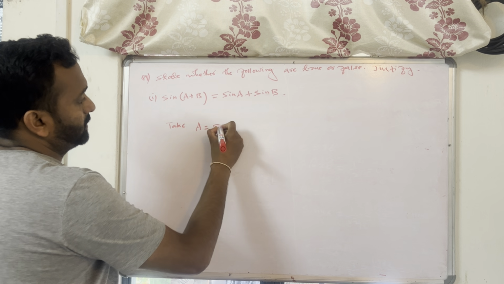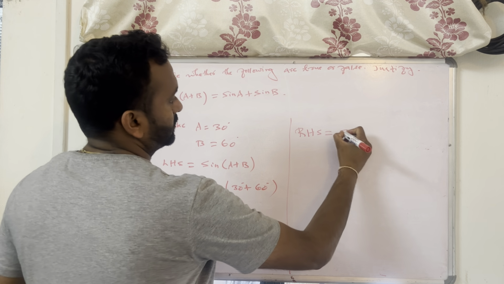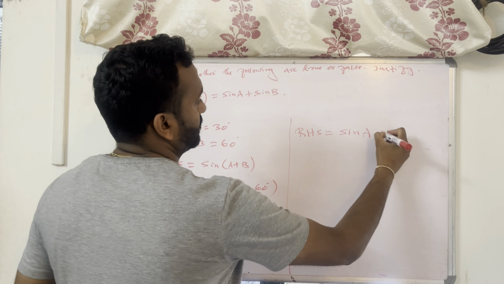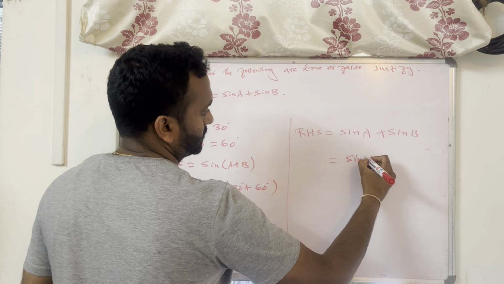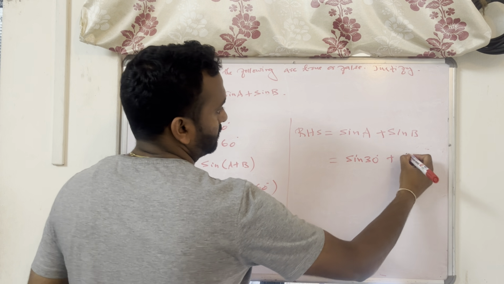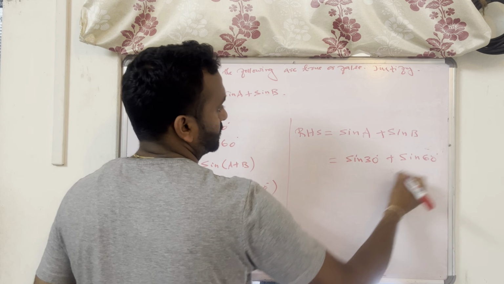So how much is sine 90 degree? 1. Similarly we will solve RHS. So RHS is how much? Sine a plus sine b, and since we assumed a as 30, that is sine 30, plus b we assumed as 60 degree, so sine 60.